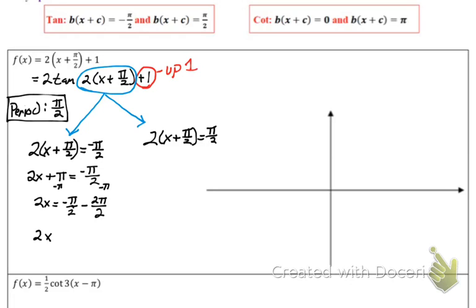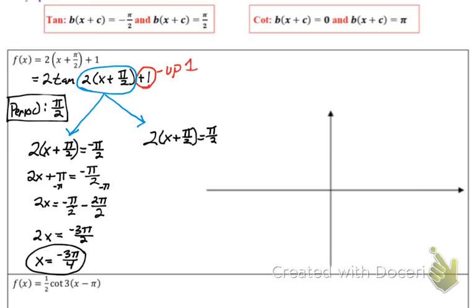Then we'll have 2x equals negative 3 pi over 2. Divide both sides by 2 and you're going to get x equals negative 3 pi over 4. If you miss some steps up there, just try it on your own. Make sure you can do that.